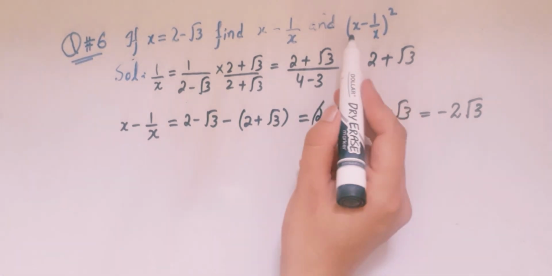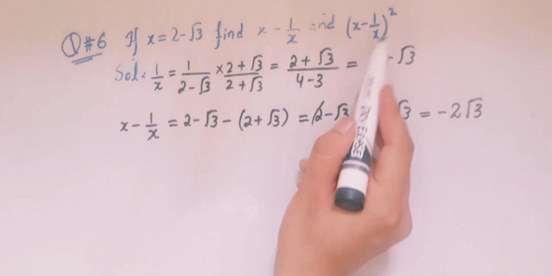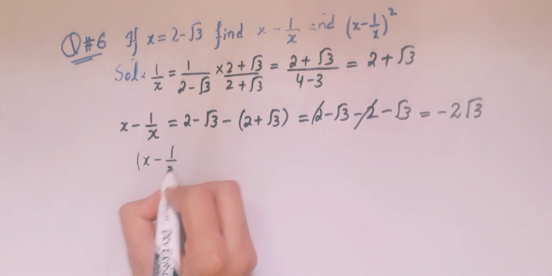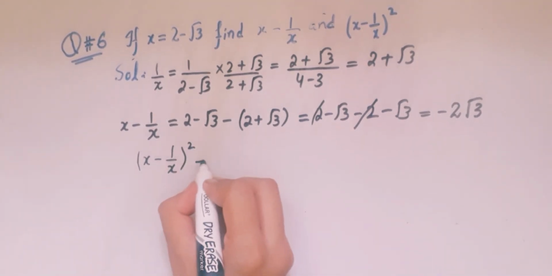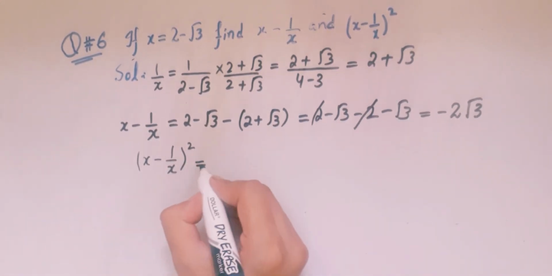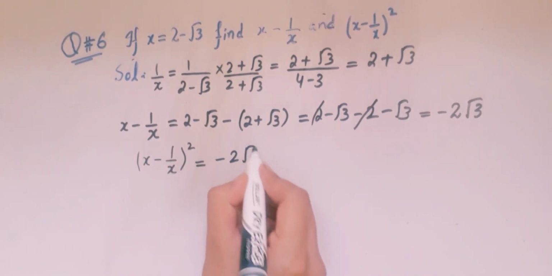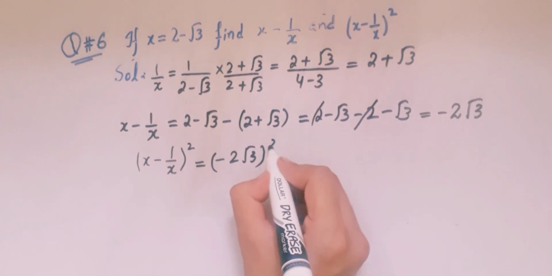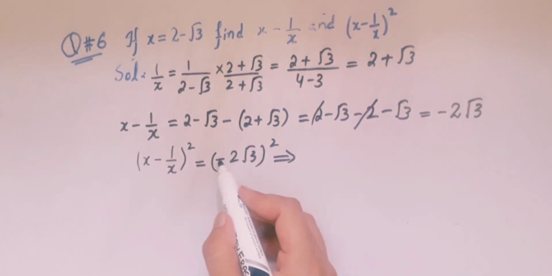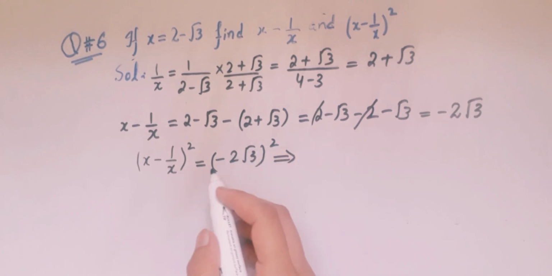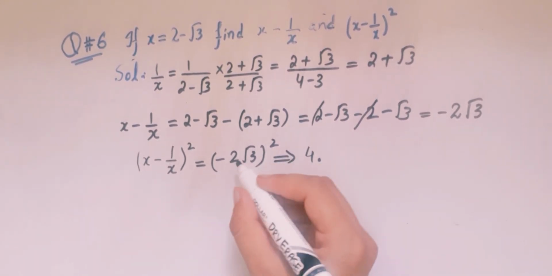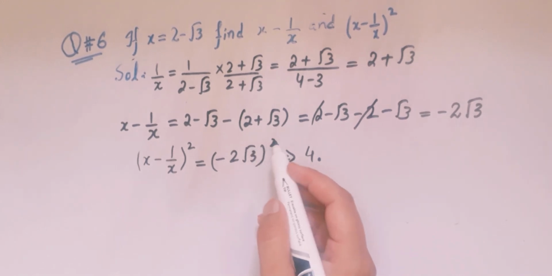So again we have to find x minus 1 over x square. X minus 1 over x square, which is equal to, value of this is minus 2 square root of 3 square. Then minus square is plus and 2 square is 4. Square root of 3 is cancelled by this square.